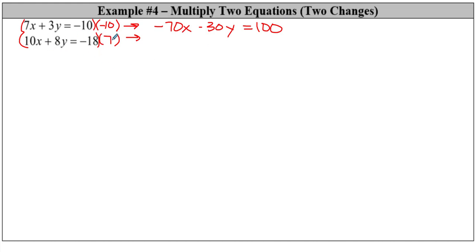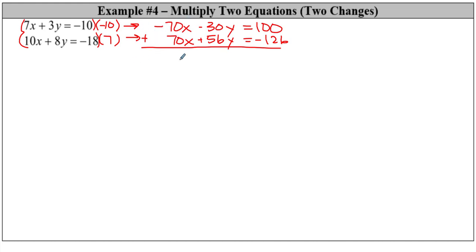Down below, I'm going to multiply 7 times 10x. Remember, I'm going to add straight up afterwards. 7 times 10x is 70x. 7 times 8y is positive 56y. And then 7 times negative 18 is negative 126.